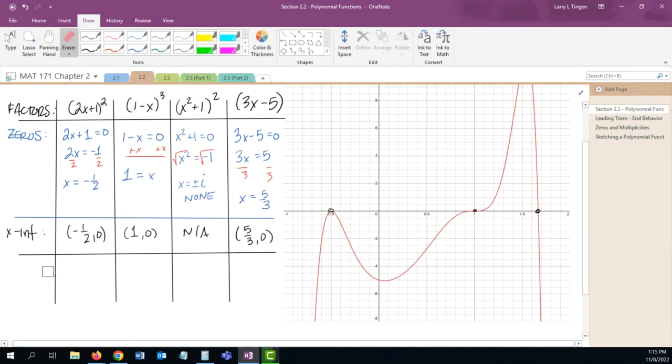Let's not even pretend like that can be read. We're going to do multiplicities. What I want you to do here is just tell me what power each factor is raised to.